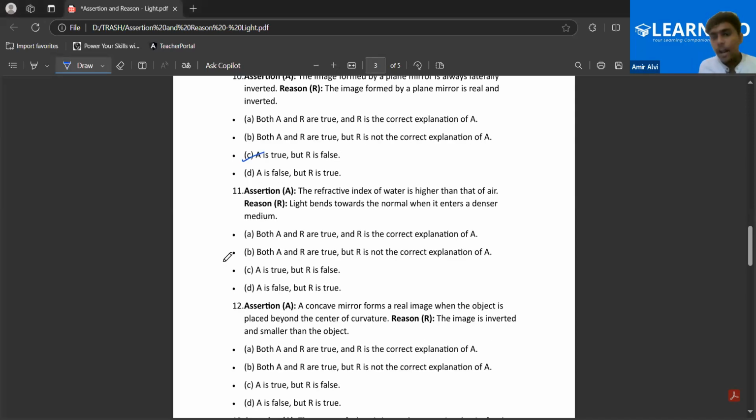11th question. The refractive index of water is higher than that of air. The light bends towards the normal when it enters a denser medium. Okay, Gianna. Okay, Maha.